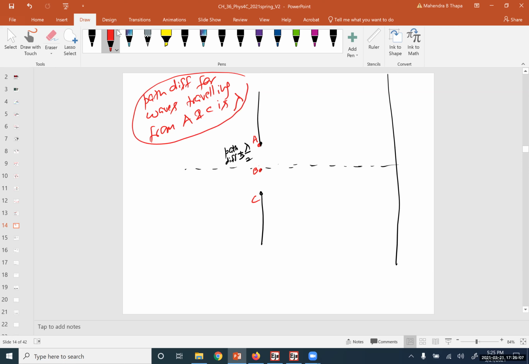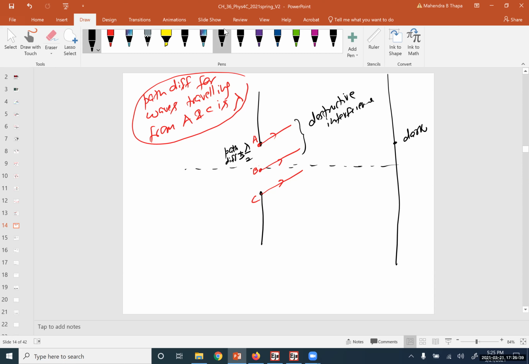So we are considering this kind of range. If they interfere, they will produce destructive interference. Where they interfere, this point will be dark.